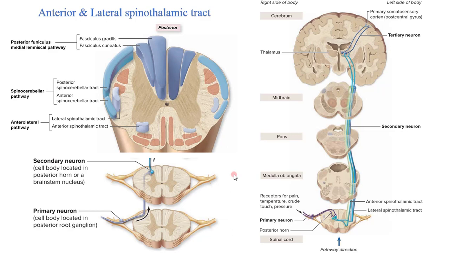Alright guys, now let's get back to the tracts that actually obey the rules. Well, mostly. In the anterior and lateral spinothalamic tracts, the cell bodies of the first order neurons are situated in the spinal ganglia and extend their central processes to synapse with neurons in the gray matter.